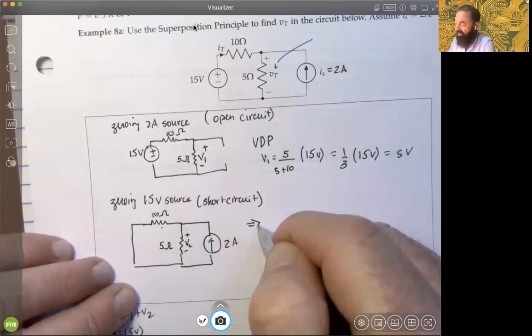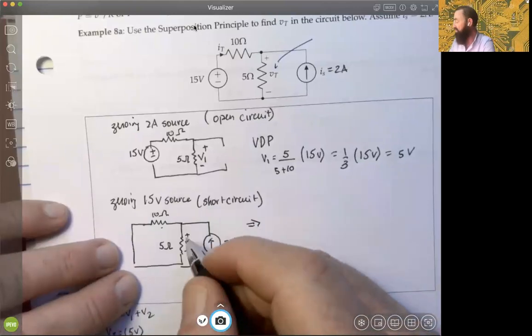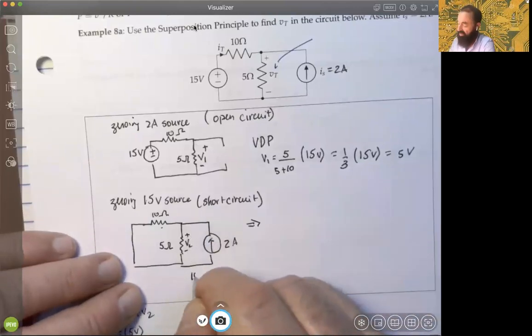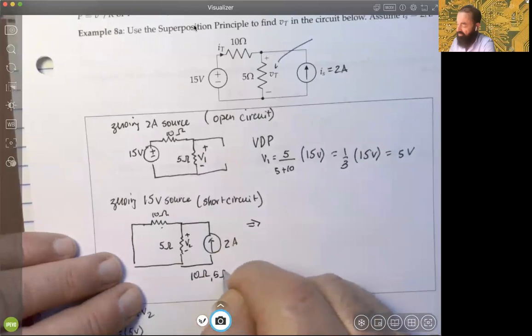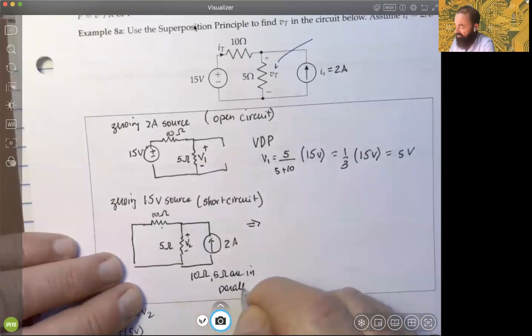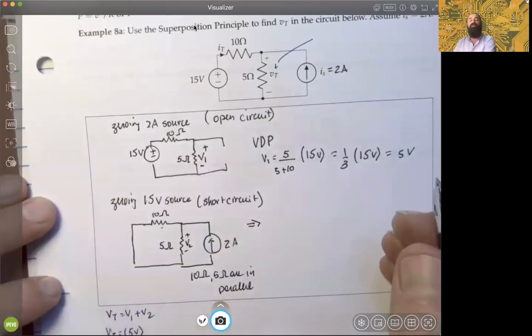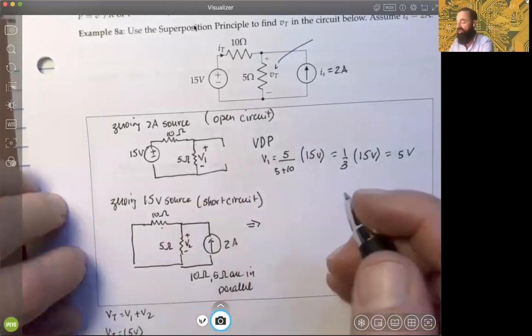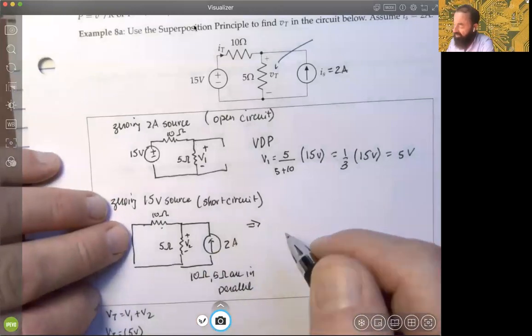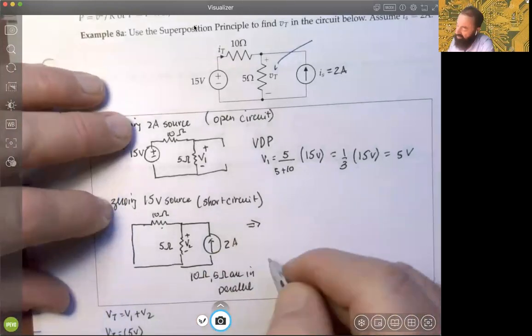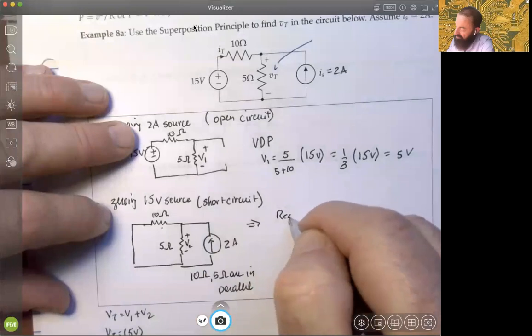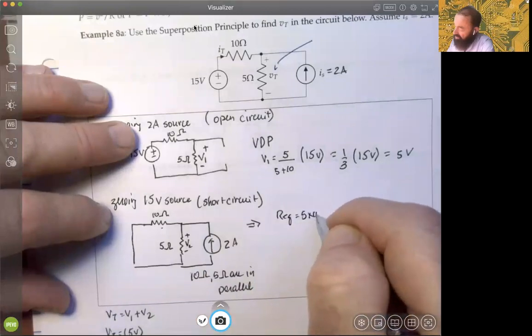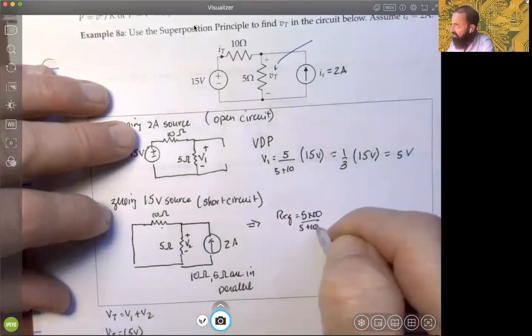So let's do that. What's the relationship between these two? They're in parallel. The 10 ohm resistance and the 5 ohm resistance are in parallel. Again, we were doing this for closed networks all the time earlier. So the equivalent, which we'll call REQ, is 5 times 10 over 5 plus 10.